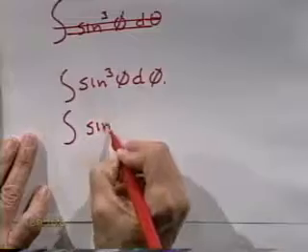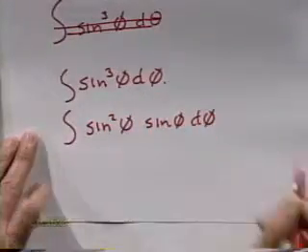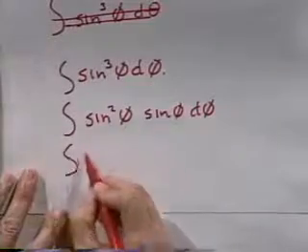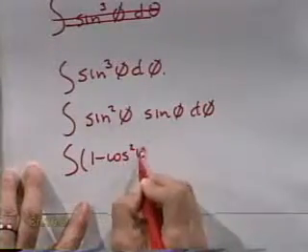You remember that you can replace this as sine squared phi times sine phi d phi, and you replace sine squared with 1 minus cosine squared.